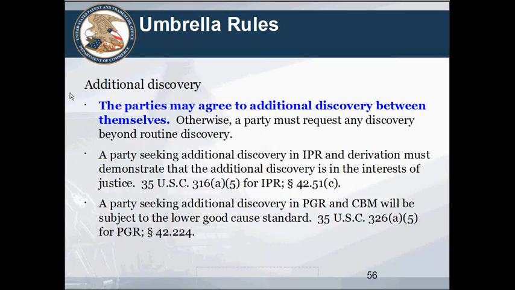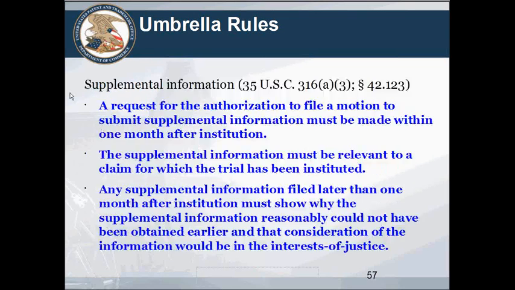However, if the parties do not agree, then the party seeking discovery must confer with the judge and request the discovery. Of course, the routine discovery I discussed earlier is always authorized. There are different standards we're going to use in determining whether to authorize additional discovery based on what proceeding we are in. For IPR, we're going to use an interest of justice standard, but for PGR and CBM, we use a lower standard, and that is the good cause standard.